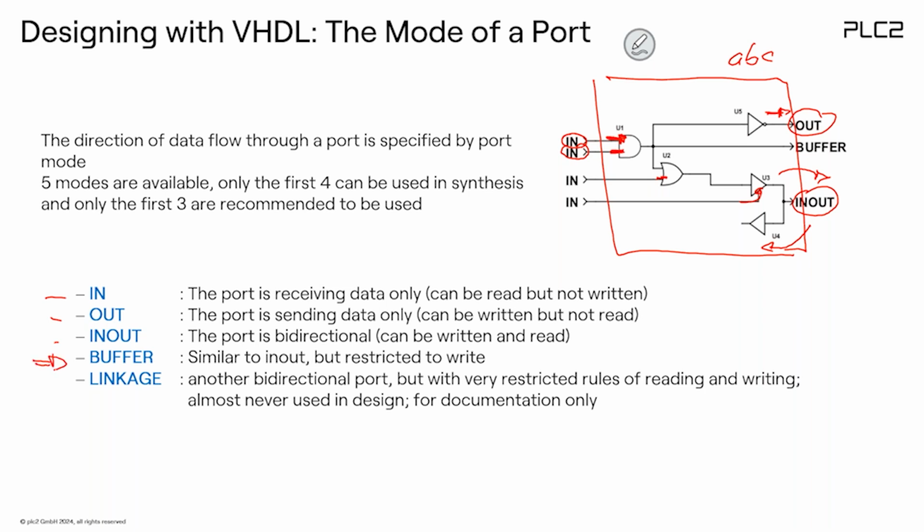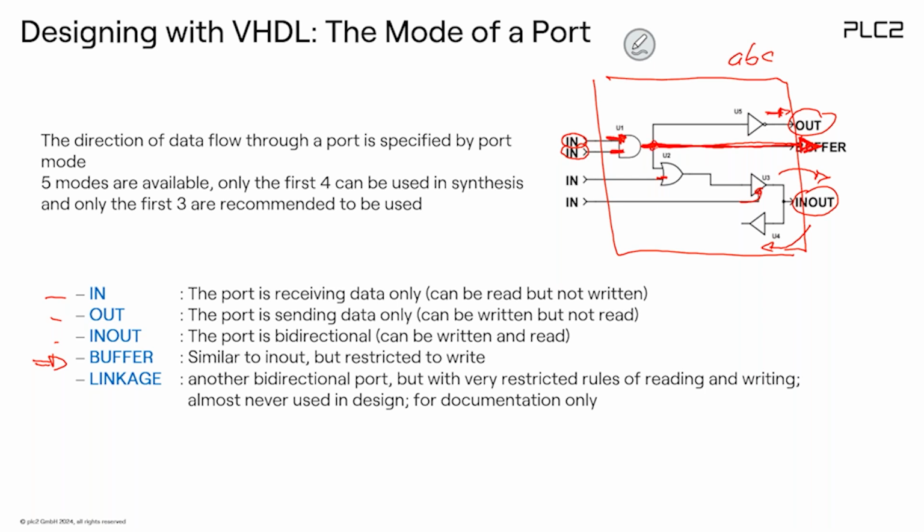Well, just to show you how strict VHDL actually is. If you define a signal here which is an output, it is an output. So it should be an out, because it's an output.